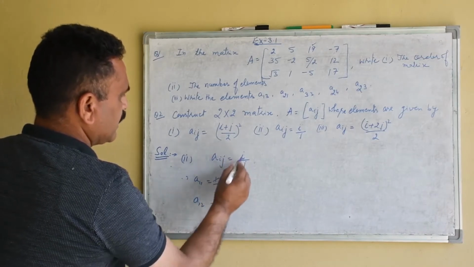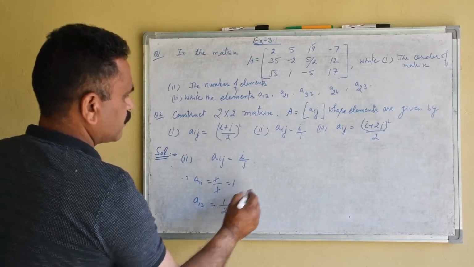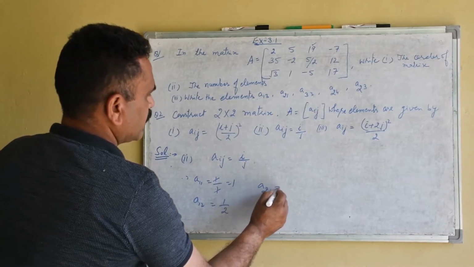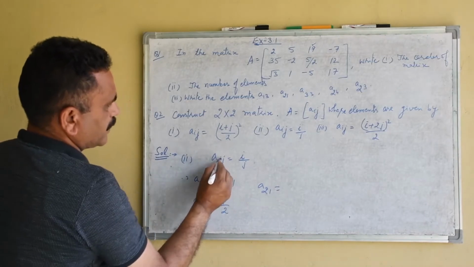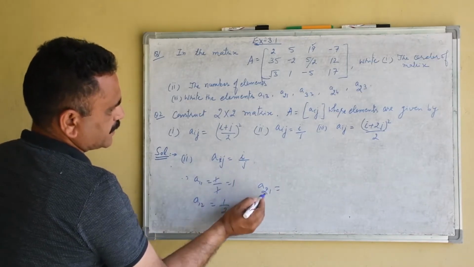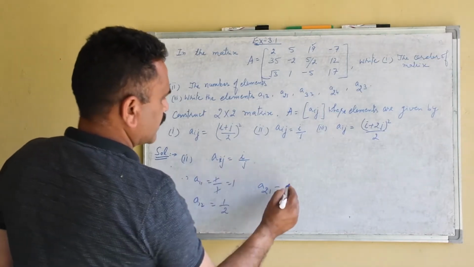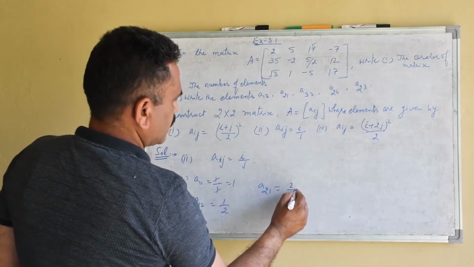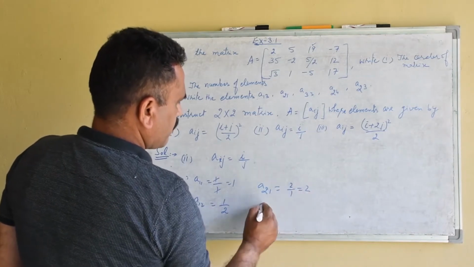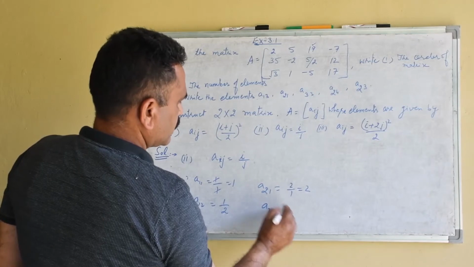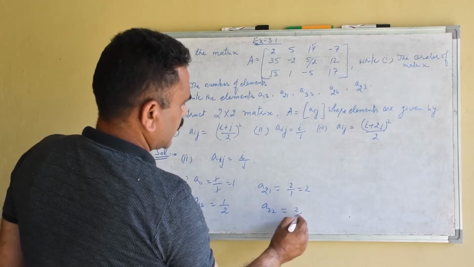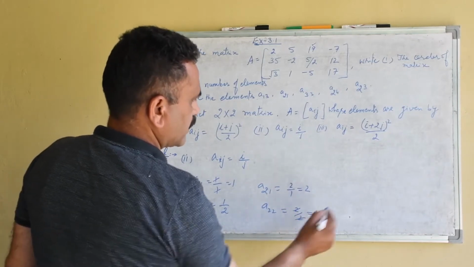A12, I is 1, j is 2, 1 by 2. A21, look, we compare it with this, I is 2, j is 1, so 2 by 1, that is equal to 2. A22 is equal to 2 by 2, that is equal to 1.